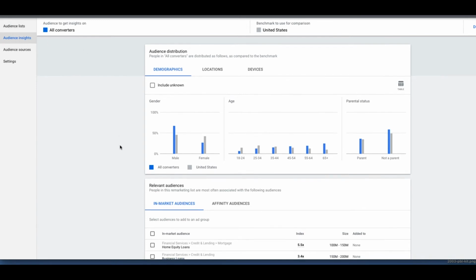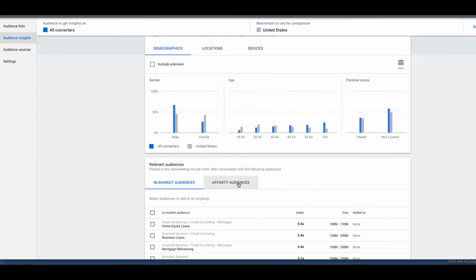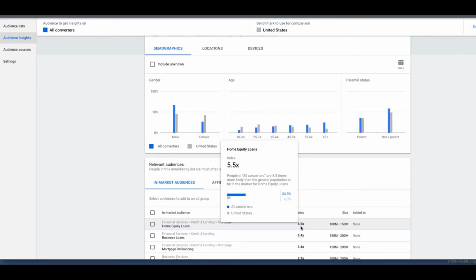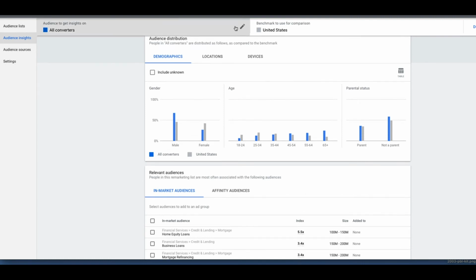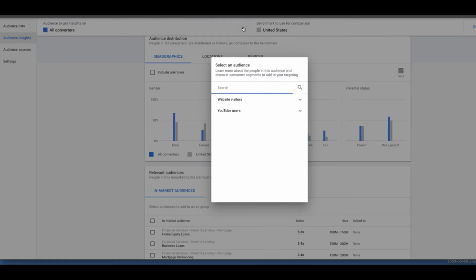What this does is kind of self-explanatory, because you can hover over something and it will give you the explanation. First, let's make an important distinction here. With all converters, I'm collecting leads, but I'm also collecting buyers.